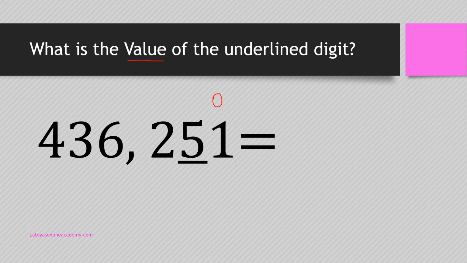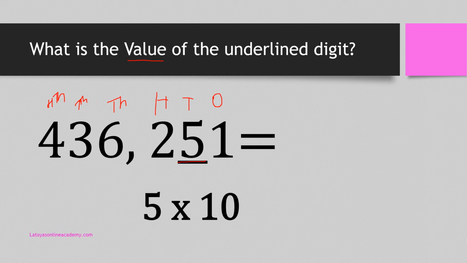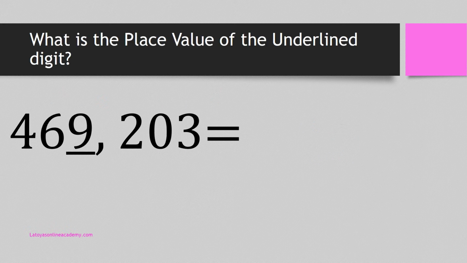For those of us who can't recognize it, let's label it again. Ones, tens, hundreds, thousands, tens of thousands, 100,000s. So the value of this 5 is 5 tens, because this 5 is under the tens column. 5 tens is 50. So the value of the underlying digit in this number is 50.